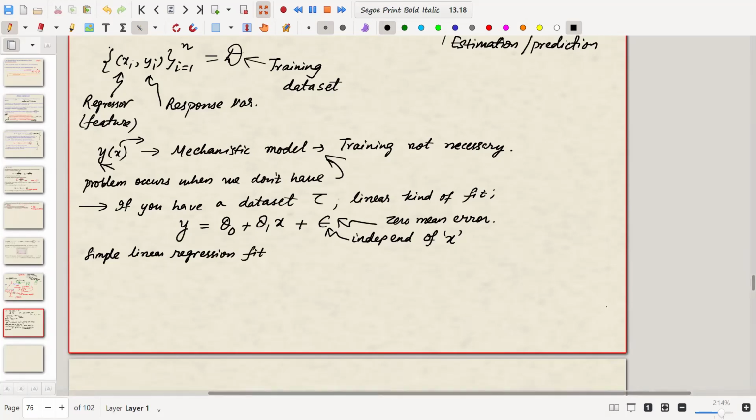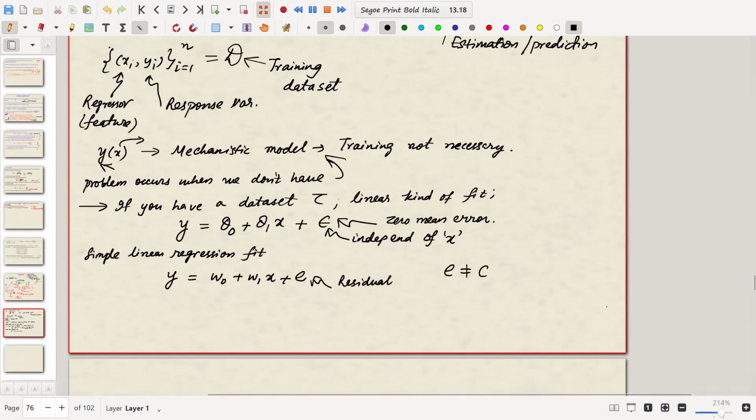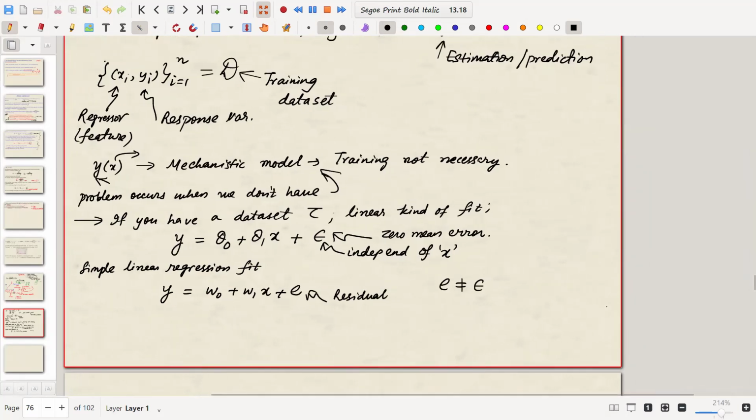There is a subtle change in notation. Here y hat is w naught plus w1x, but the addition is the residual e. This is known as the residual. This e is not equal to the error, that noise you are seeing.